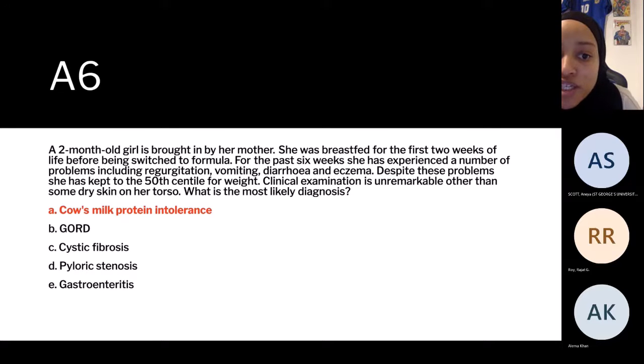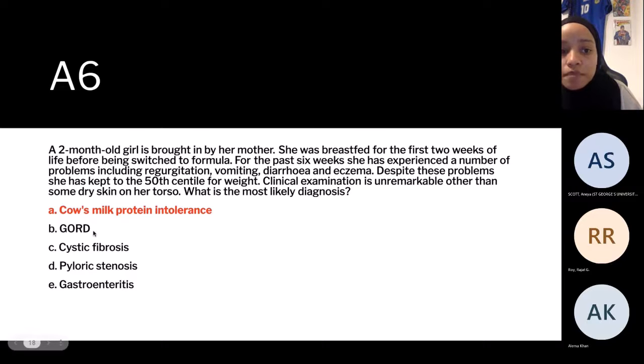Despite these problems, she's still kept the same centile for her weight. The clinical examination is unremarkable, apart from dry skin on her torso. So yes, the most likely diagnosis is cow's milk protein intolerance.